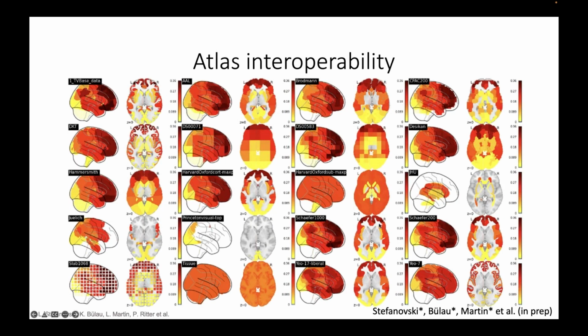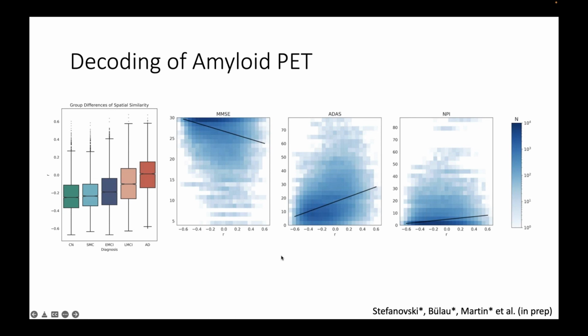We also had the possibility to recompute it to almost all atlases. So we have more than 40 atlases where we can put it to.